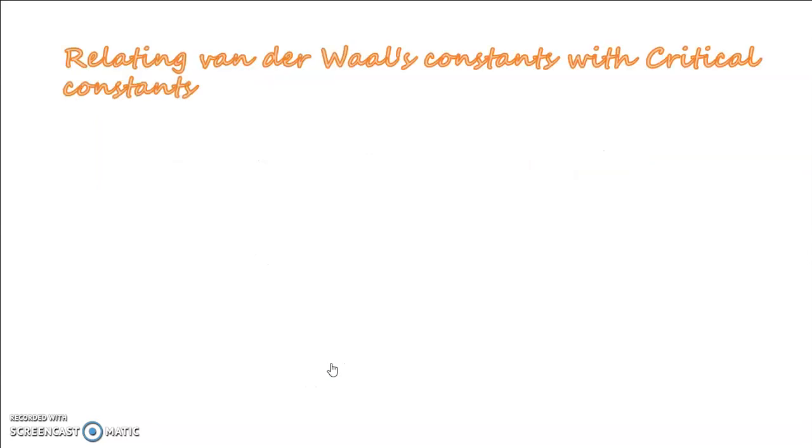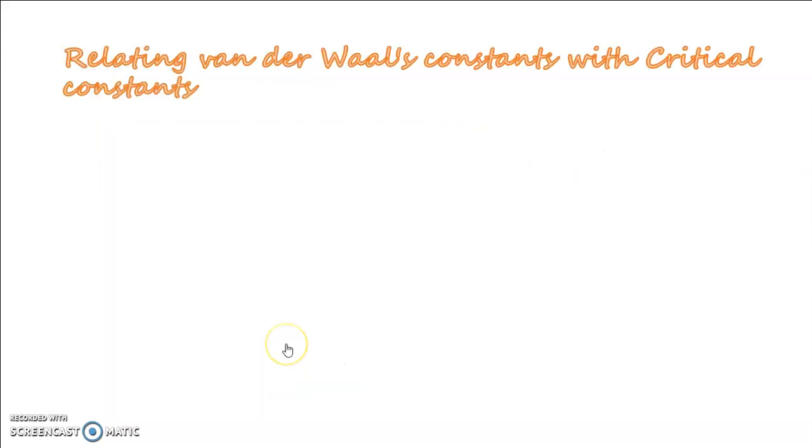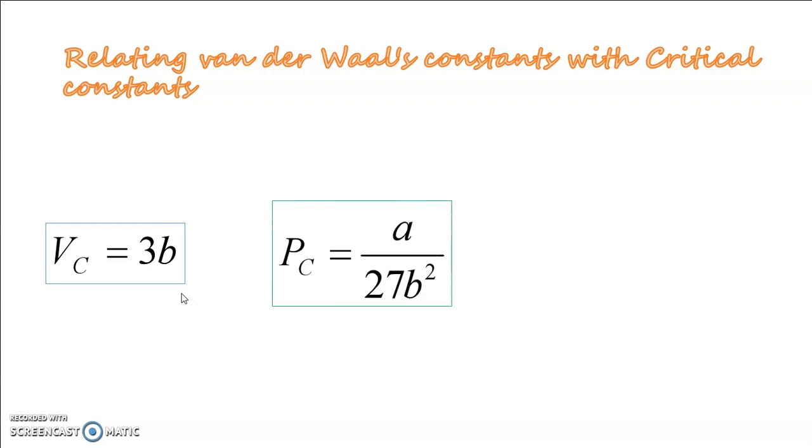Like this, if we divide equation 3 by equation 2, we will get Vc = 3b. Then, substituting this value of Vc in the second equation, we will get Pc = a/27b².